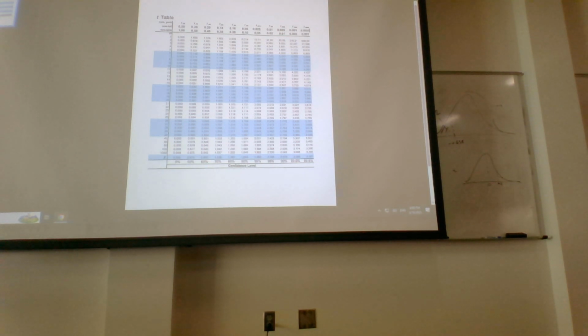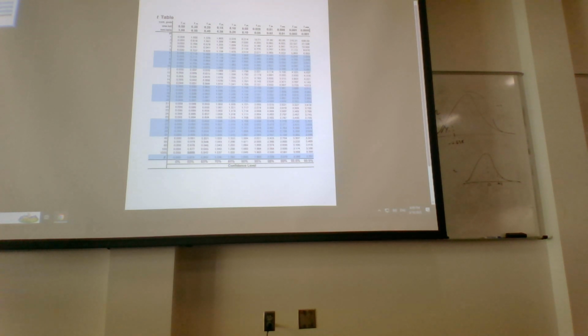Notice that when the degrees of freedom are really high, this is actually going to be the same as your standard normal distribution. So one tail, if your probability is 25%, you see that this number with really high degrees of freedom is going to be 0.675.